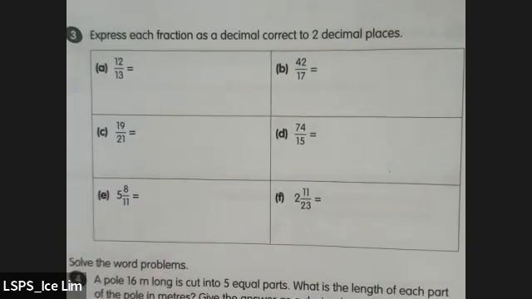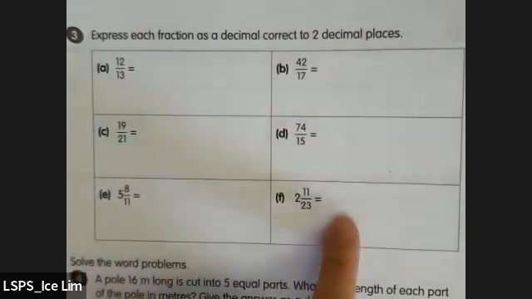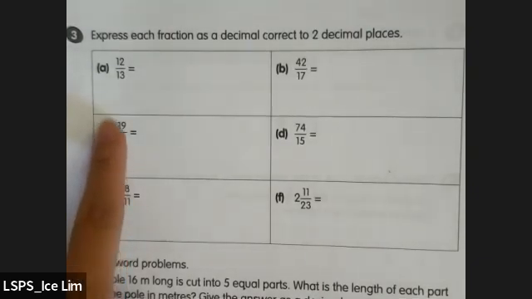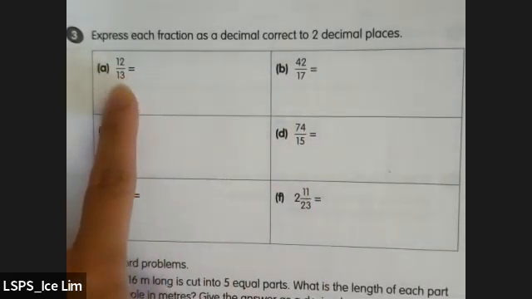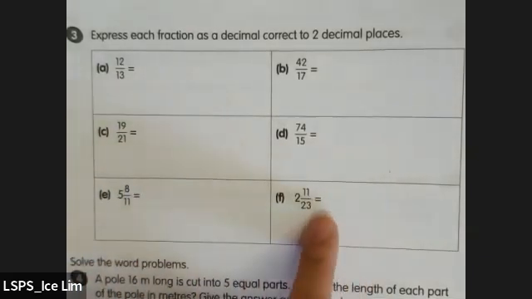Why? Simply because these numbers at the denominator, can you change them into a denominator of 10, 100, or 1000 easily?